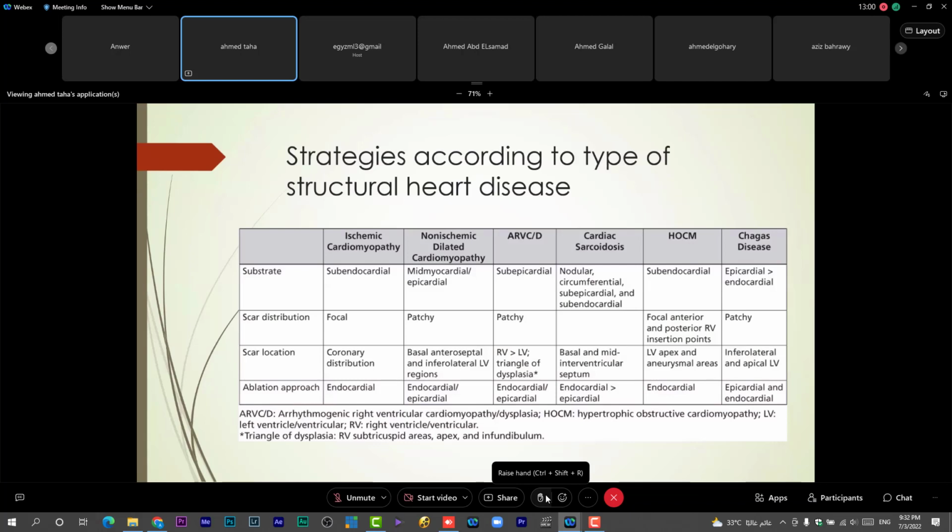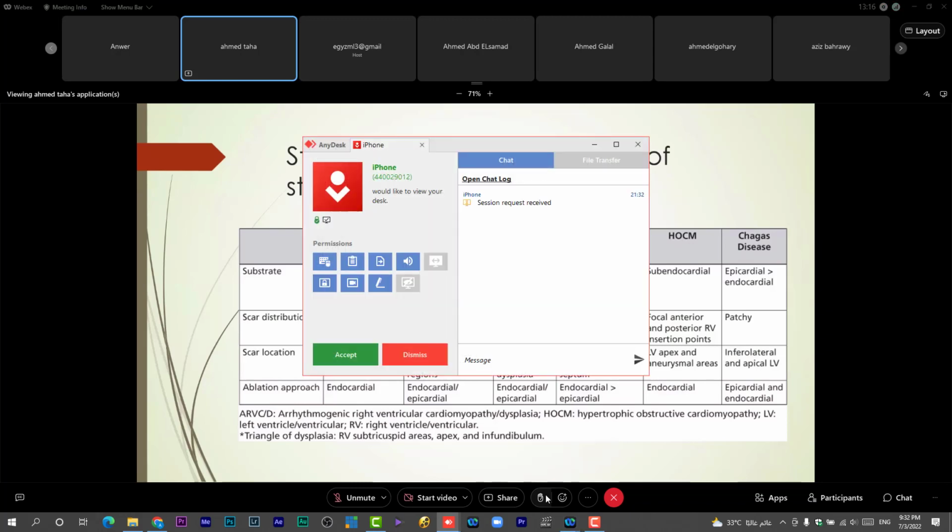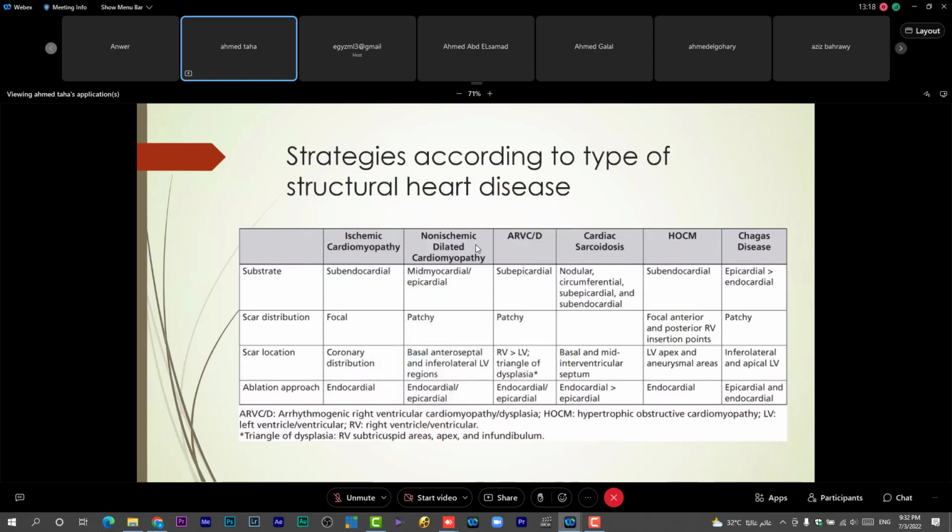Arrhythmogenic right ventricular dysplasia, it's most probably subepicardial and patchy in distribution. So all the time you are mapping the right ventricle, but sometimes you will need to map the left ventricle in some conditions. Cardiac sarcoidosis, it's rare to find it here, but sometimes you can find it. At the same time, it's endocardial and epicardial, most probably basal and mid-intraventricular septal.